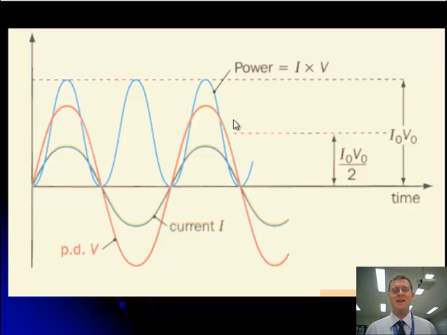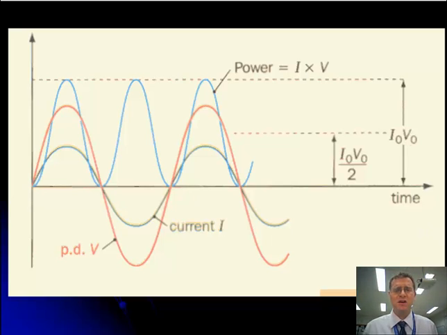And the interesting thing here is that if we multiply the current times the voltage at any moment in time, that means the maximum power is going to be the peak current multiplied by the peak voltage, and the average is actually going to be half of that. So it's going to be the peak current times the peak voltage divided by 2. Okay, so that's the mean of this calculation. It's where the mean comes from in the root mean square feature.